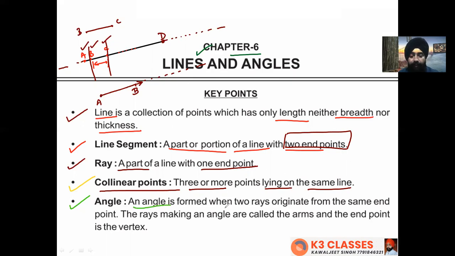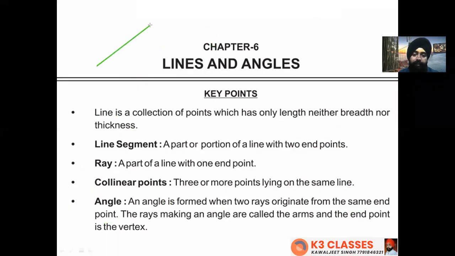An angle is formed when two rays originate from the same end point. Let us take ray number 1 and ray number 2, originating from the same point, which is called the vertex. Let the vertex be A.